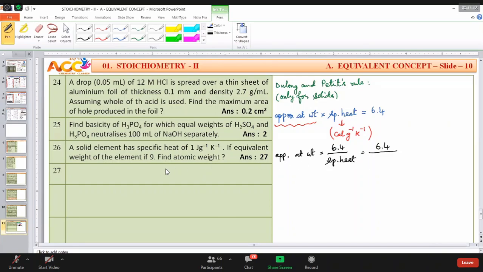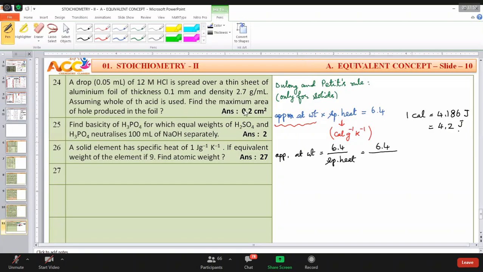What is the specific heat? 1 joule, right? 1 calorie is equal to 4.186 joules. But in problems, we don't take that many digits. We say, okay, 4.2.